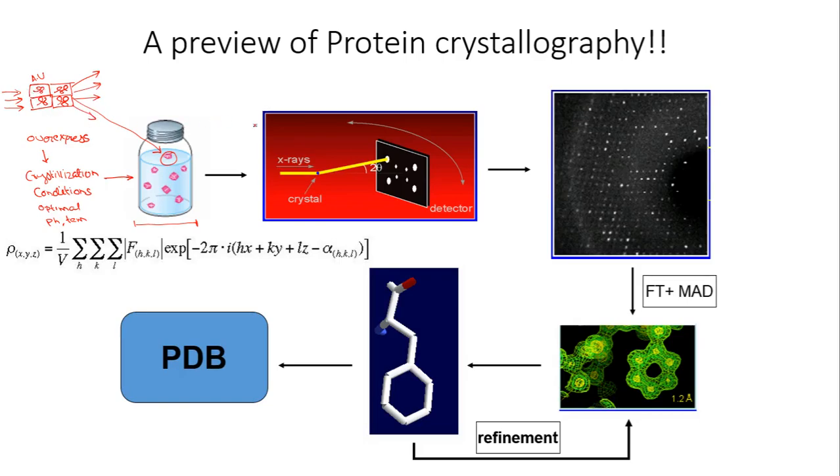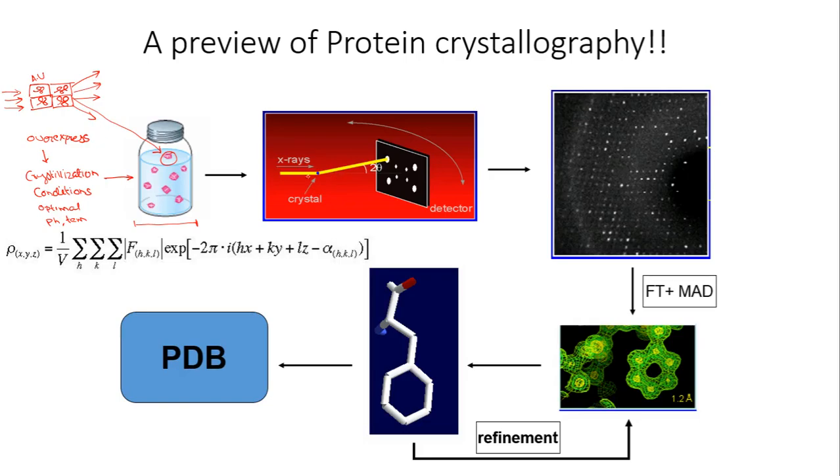Okay, so whatever X-rays are diffracted are then exposed to a detector screen, and due to this diffraction you would obtain spots on your detector, and these spots will have different intensities depending on how much the electron density is.